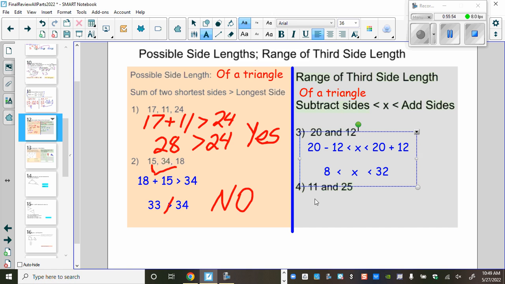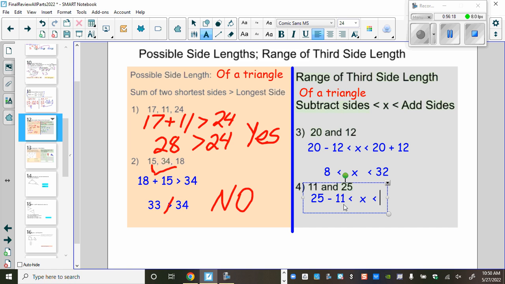Reason being, now for the other part, how am I going to subtract our two numbers? Is it 11 minus 25 or 25 minus 11? 25 minus 11. Believe it or not, I remember on this unit test, we switched that order.